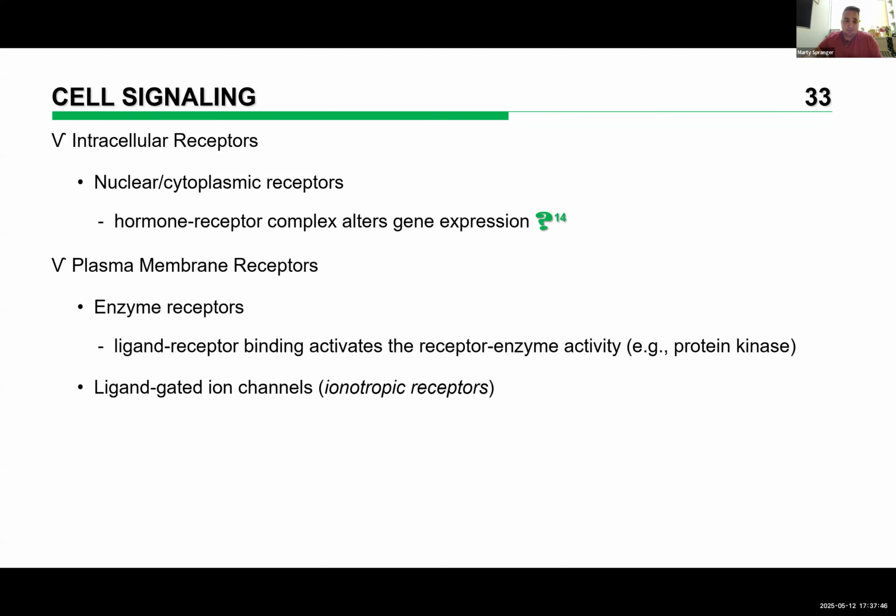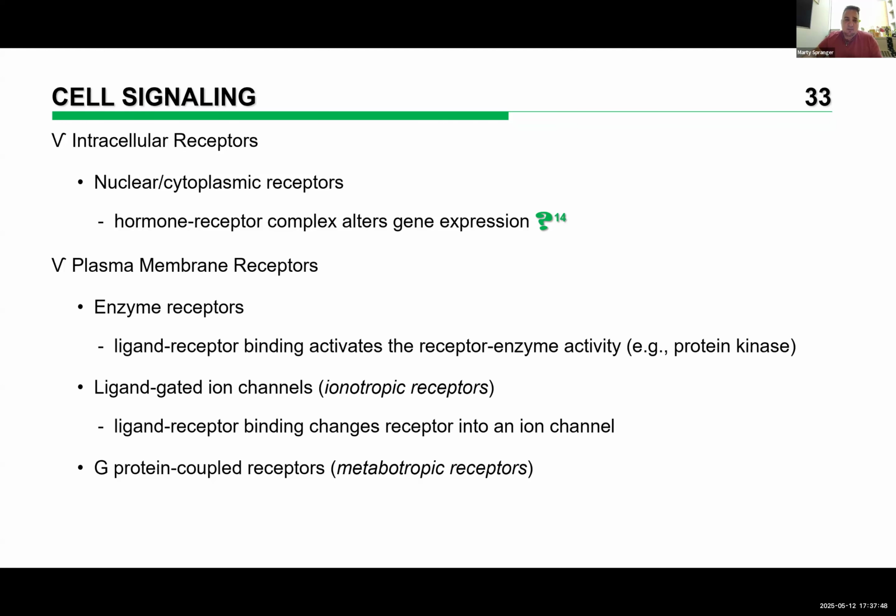That's ionotropic. Now, most of the receptors in the human body are not ligand-gated. Most of them are G protein coupled receptors. Let me take that back. Most of them are not ionotropic. Most of them do bind ligand, but they're not ionotropic.